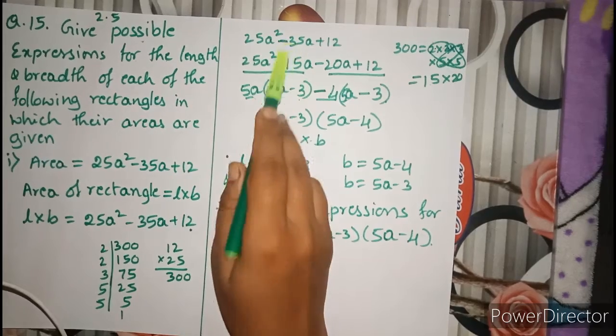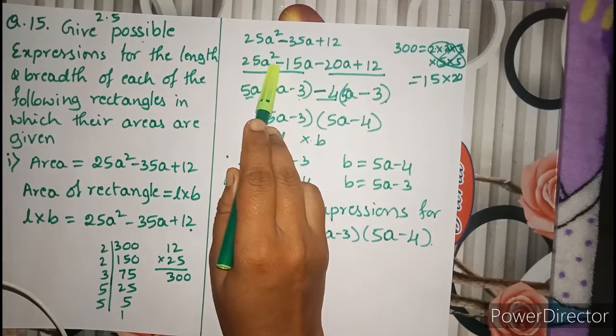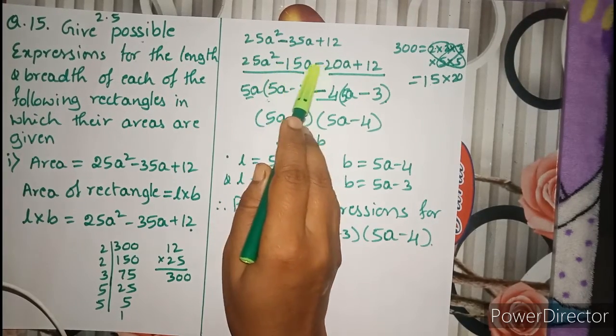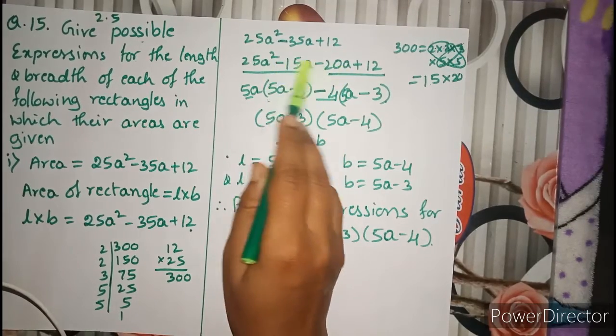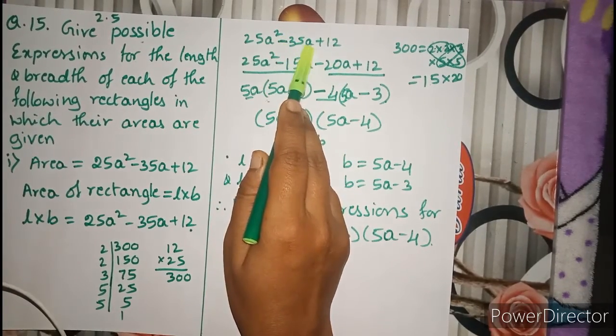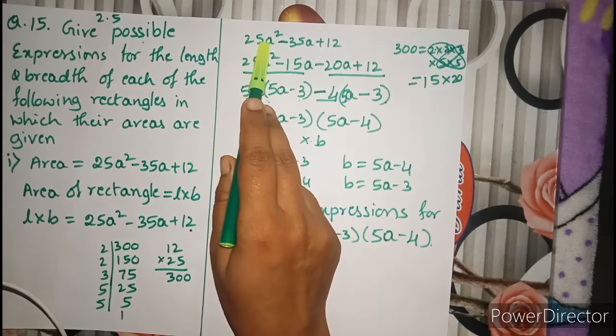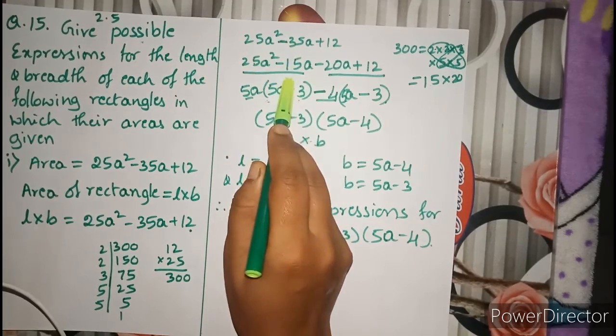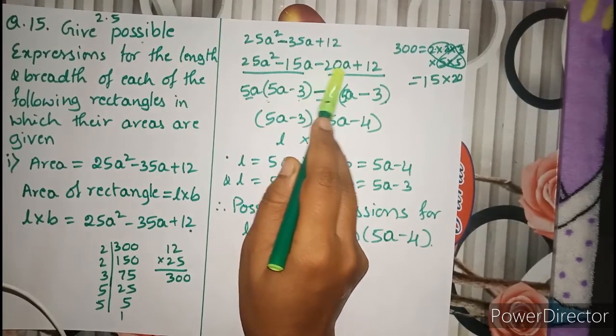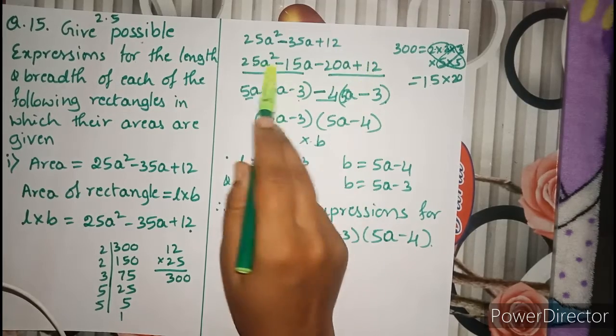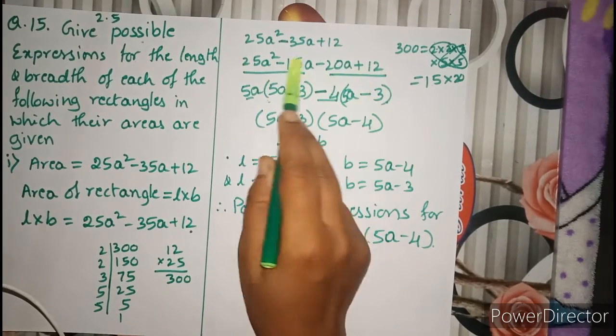As we have a minus sign here, we put minus 15a minus 20a. So it is minus 35a. So it becomes 25a square minus 15a minus 20a plus 12. Make two parts of it.